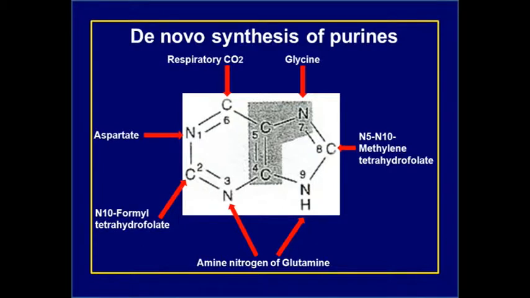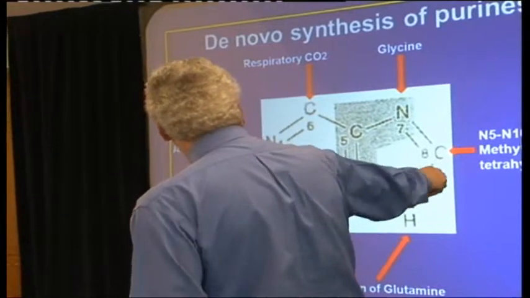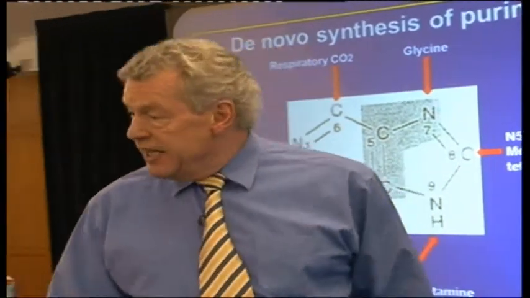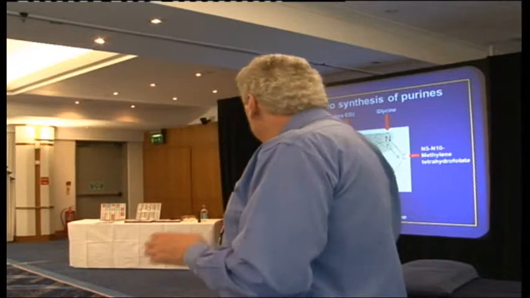This is making purines. We need glutamine. But most important to us, because most people are not deficient in the amino acids, is this molecule here and this molecule here, which are forms of folic acid. Two molecules of folic acid are needed for every new strand of purine. That's a lot when we're producing millions and millions every hour. So that means we need a lot of folic acid.